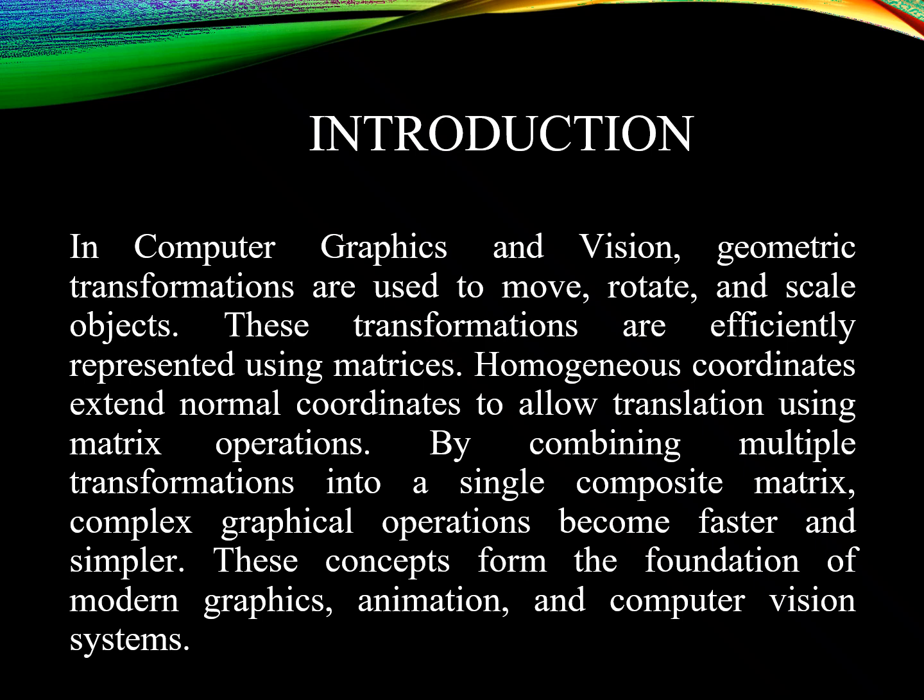However, one problem exists. Normal coordinate systems cannot represent translation using ordinary matrix multiplication. To solve this issue, we introduce homogeneous coordinates, where an extra coordinate is added. And using homogeneous coordinates, every transformation, including translation, can be represented using the same matrix multiplication process.